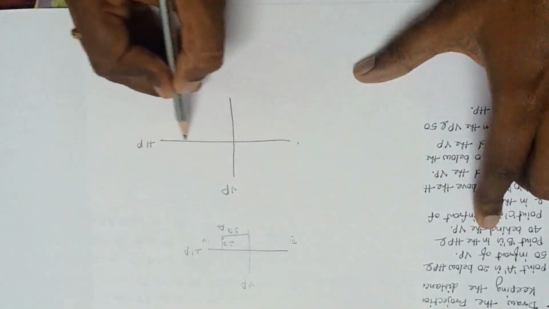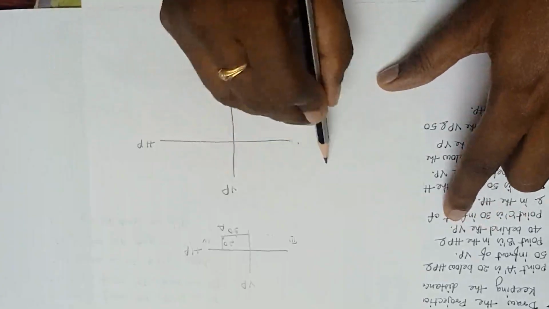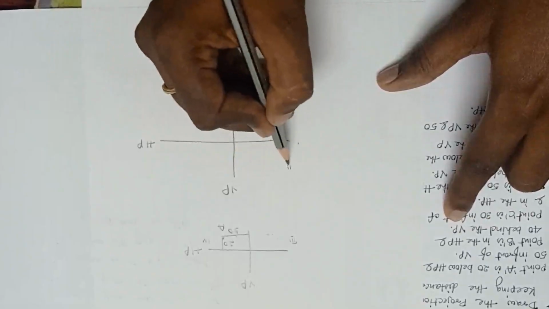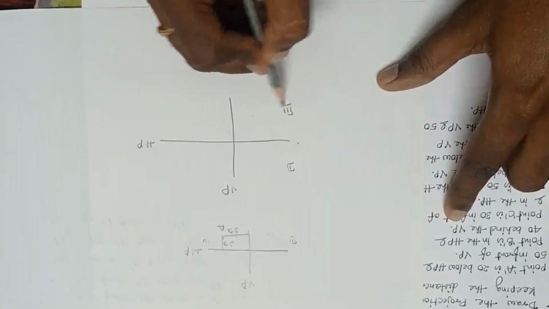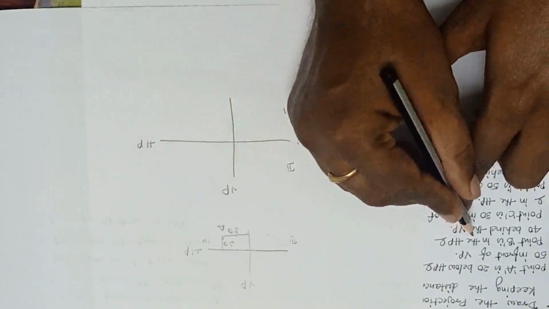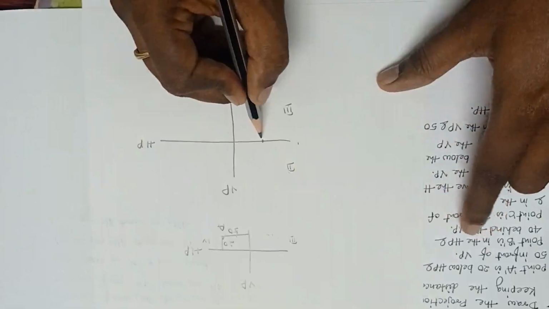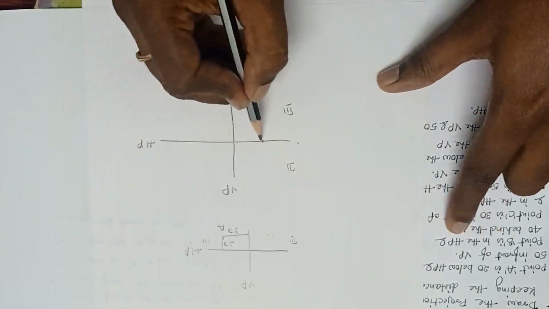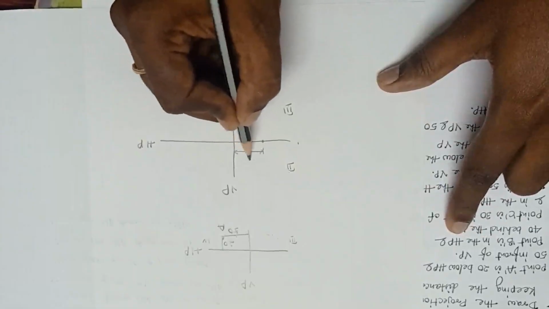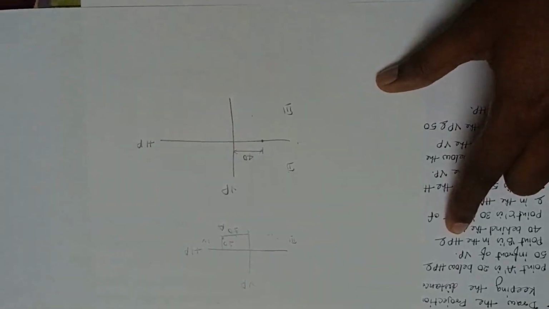Now, 40 behind the VP means it may be second or third. Behind the VP means second or third. He is telling that it is on the HP, on or in the HP, both are same. Now the point is here, and the distance from the VP, how much? It is 40 mm.